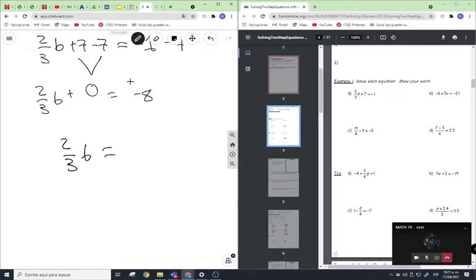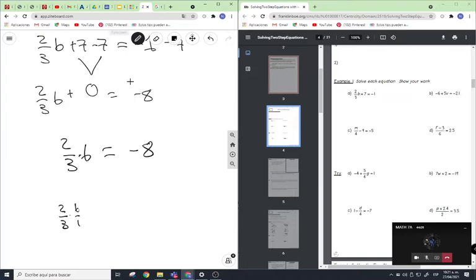Okay, and -8. So what happens in this case when you have a fraction multiplied by the b? Well, remember that here is a multiplication. So it is the same as having 2/3 times b over 1.